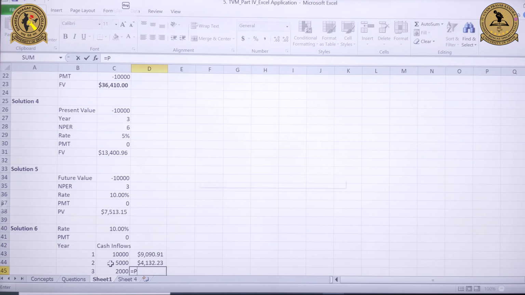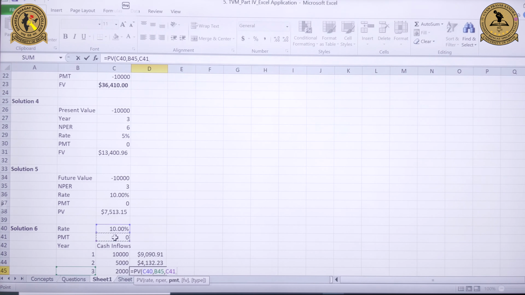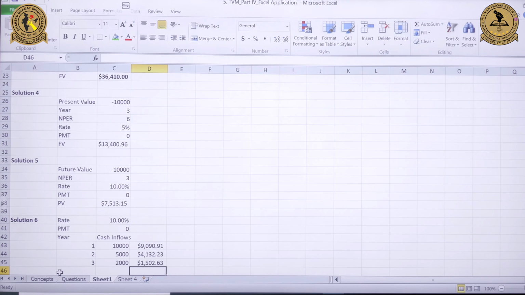For the last year, equals to present value, double click on it, interest rate is 10%, comma, NPER is 3 years, comma, PMT in this case is 0, future value is minus C45. This will give you 1502.63.